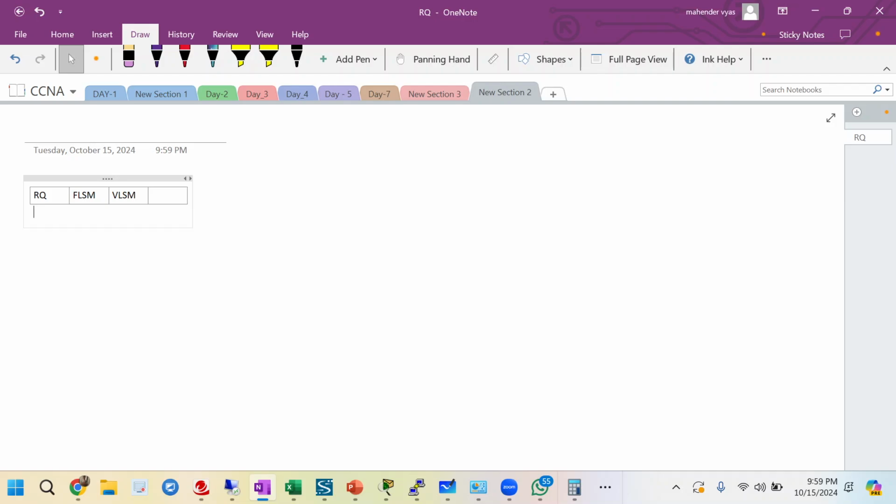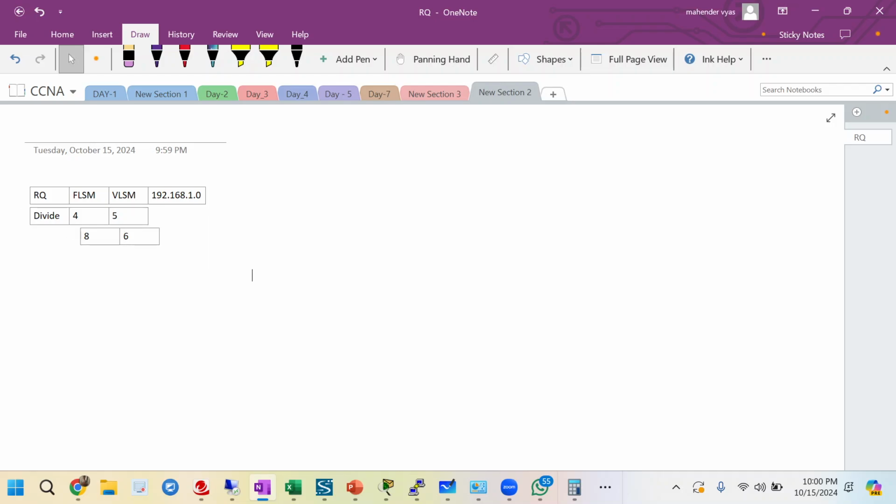Assume our address is this. In FLSM you need to divide it into equal parts. You divide it into four groups, or 8 groups, or whatever you want, it's up to you. But in VLSM, the same address you can use for 5 or 6 subnets, and still you will have some valid addresses available.